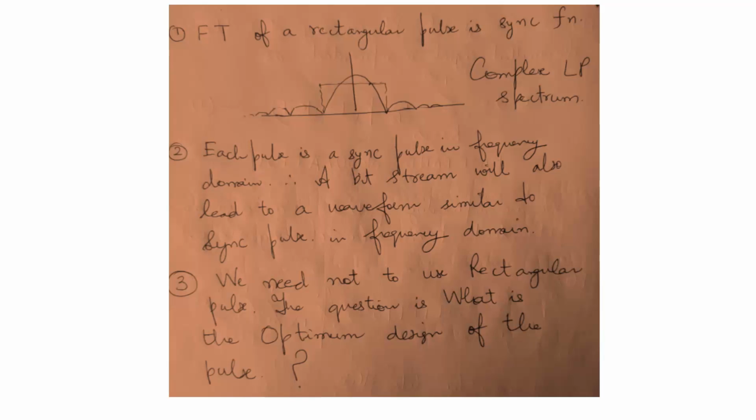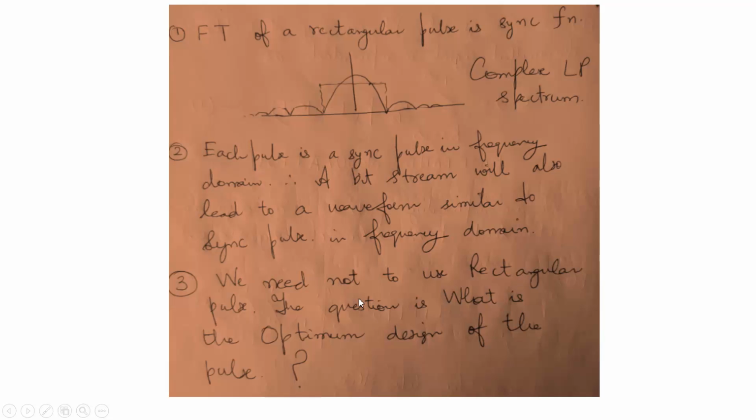Every individual bit will have a Fourier transform of a sinc function. If we collectively take the Fourier transform of the collective waveform, it will again represent some kind of sinc pulse in the frequency domain.